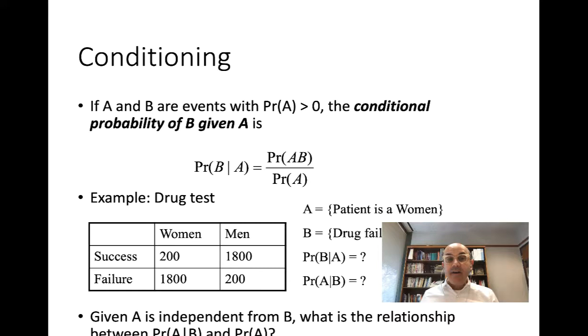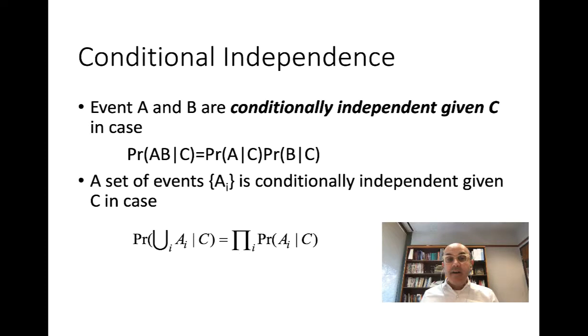Given A is independent of B, what is the relationship between P(A given B) and the probability of A? So conditional independence is part of the equation, conditional independence given C in this case, and this is the formula that we often use.